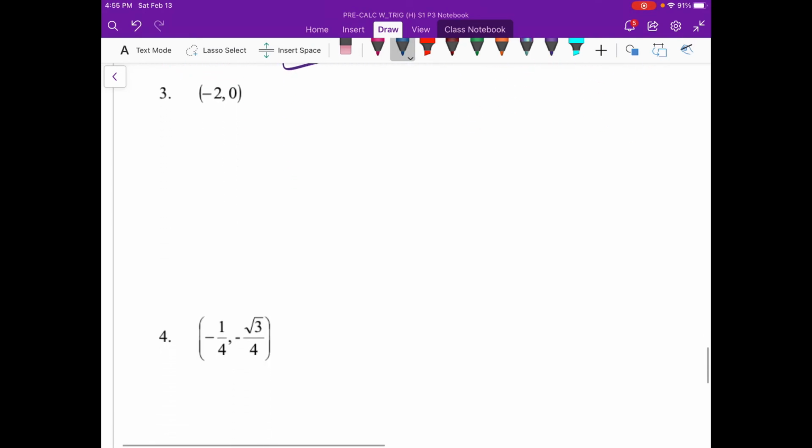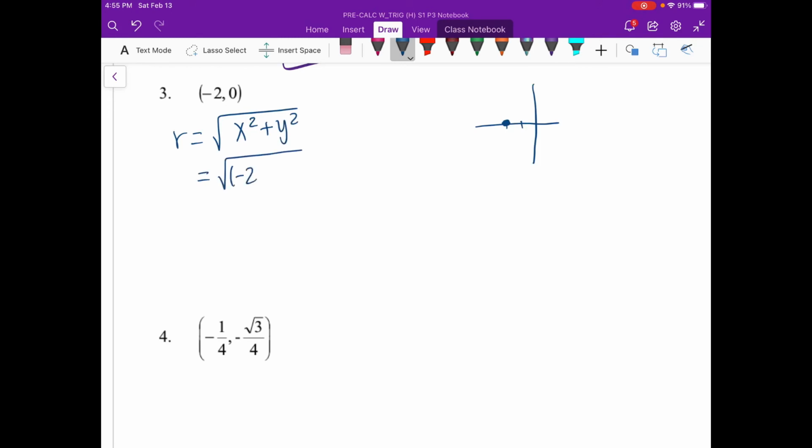All right, just 2 more examples here. So again, let's start off by graphing this. We're going left 2 and then just 0. To find my r value, square root of x squared plus y squared. So in this case, that's (-2) squared plus 0 squared, which is the square root of 4, which is 2.